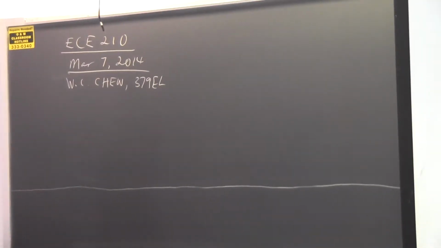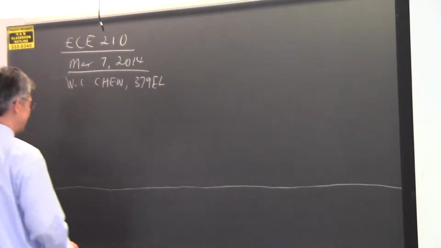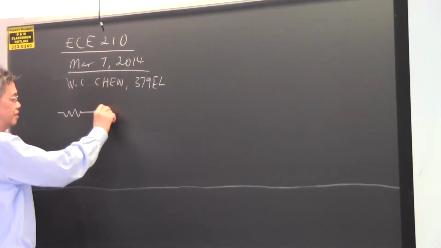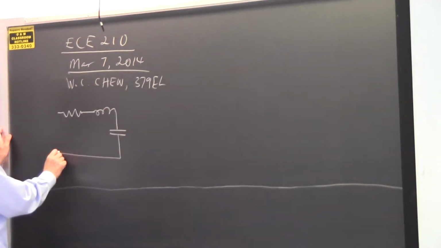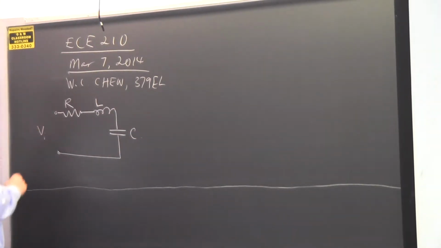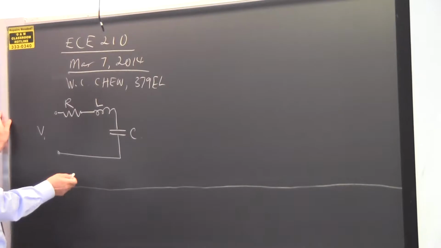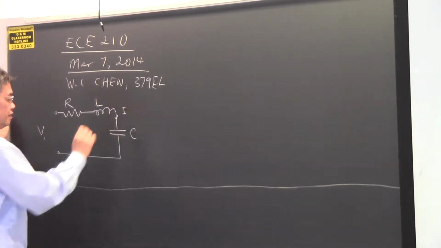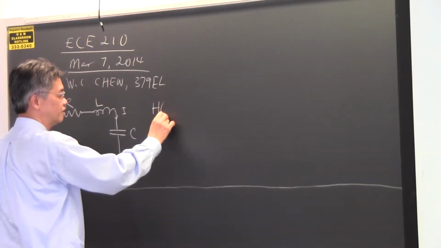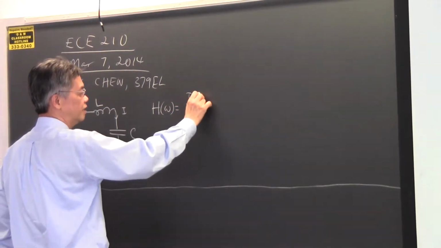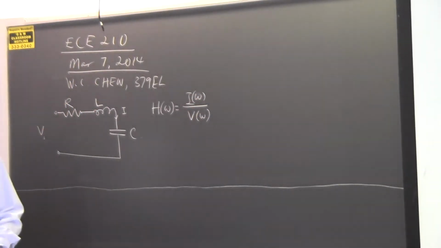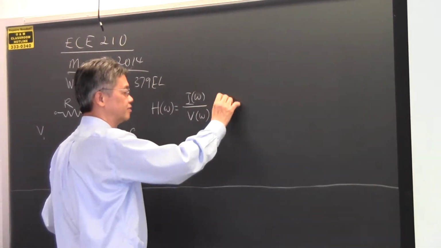We talked about resonance in the last lecture, and then we talked about resonance of an RLC circuit. Say you have an inductor and a capacitor, and then R, L, and C over here. You have a voltage input over here, and then you can look at the current I. The current I over V, we can call the transfer function, I of omega over V of omega, and that actually is the admittance of the circuit.